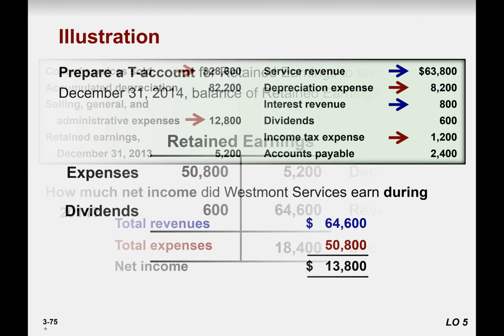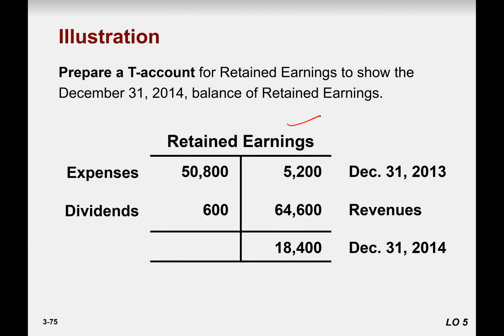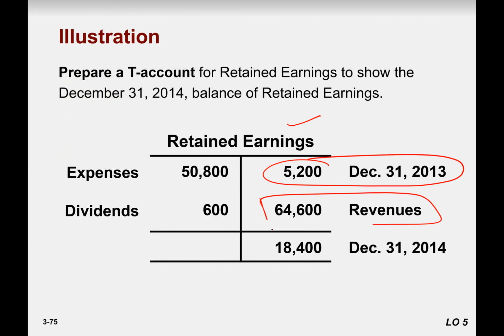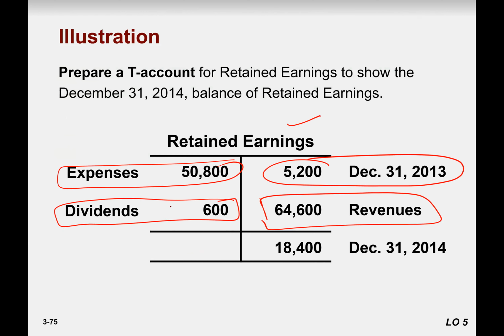Here we go. How we close down the retained earnings. So this is the beginning balance. We write it down here. This is the revenue. This is the expenses. This is the dividend.